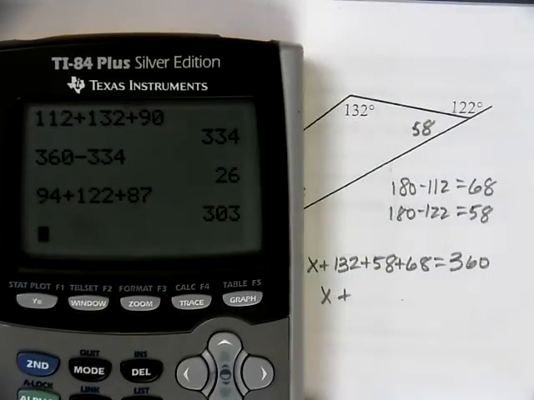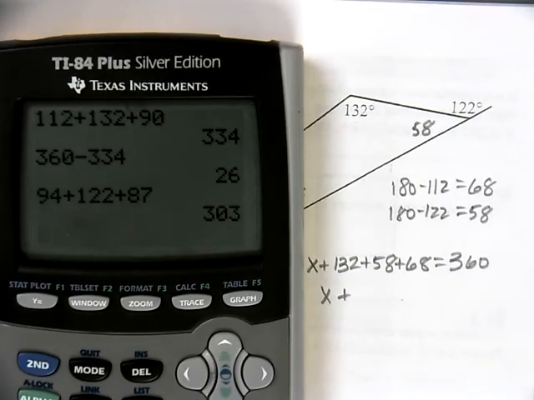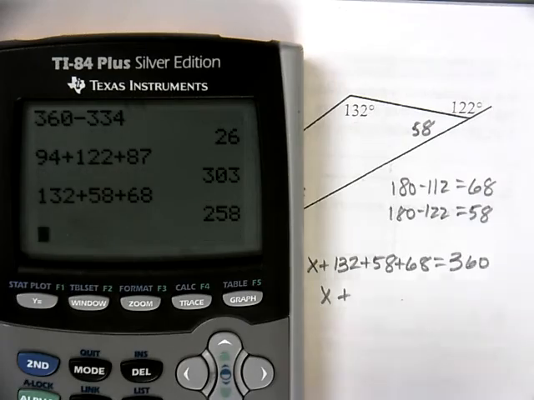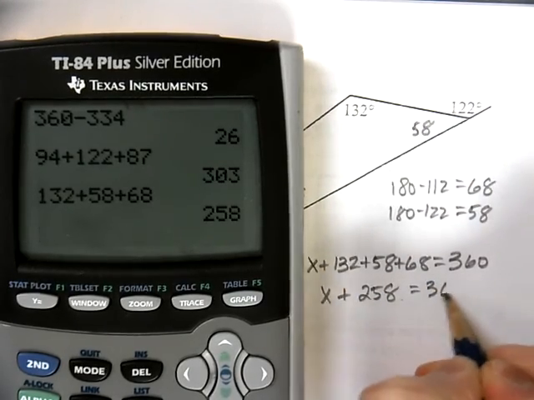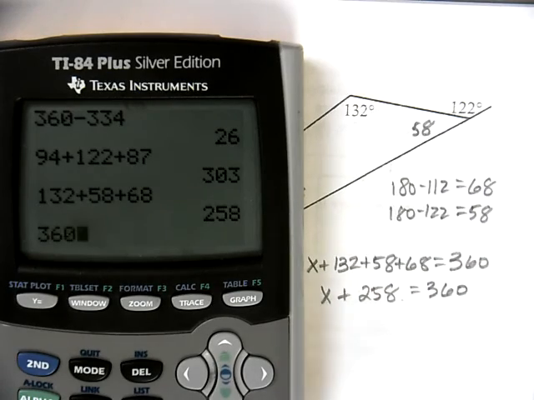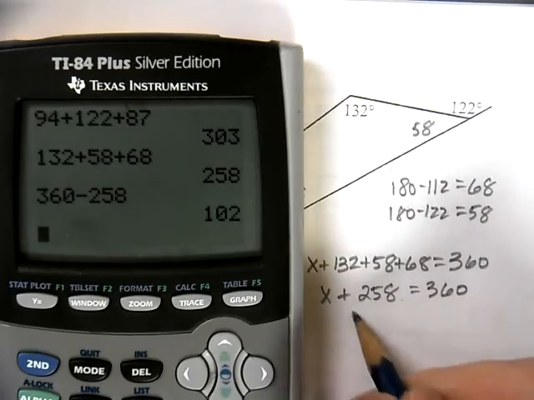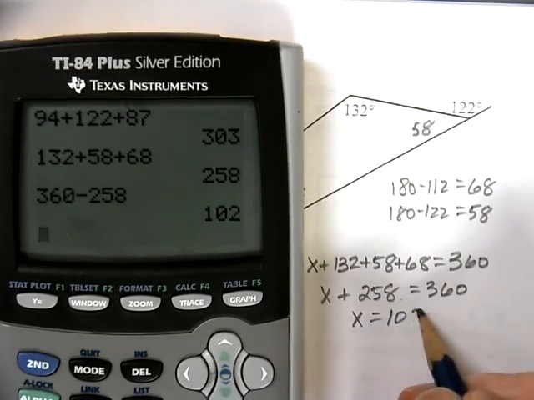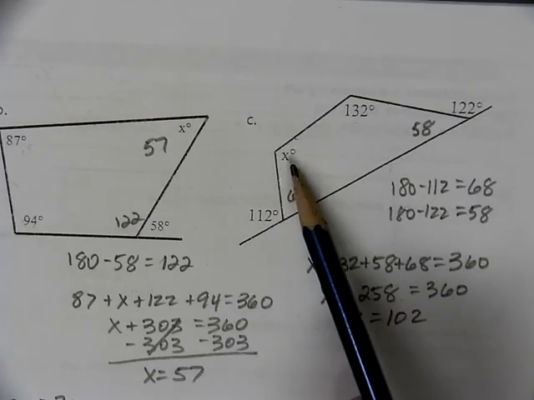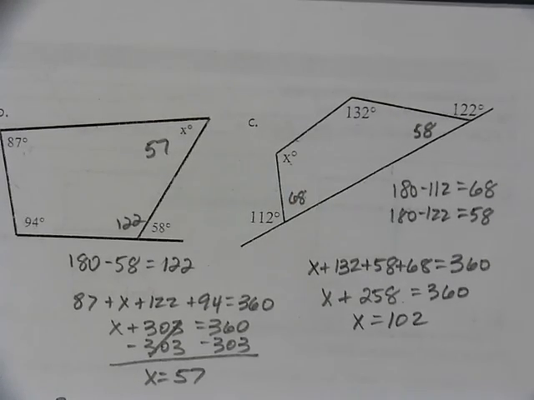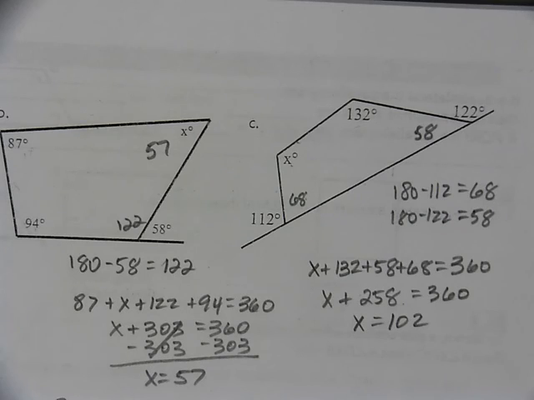So we'll take 132 and 58 and 68. That adds up to 258. Take your 360 and subtract that 258. So our x angle has to be 102. Hope you enjoyed.